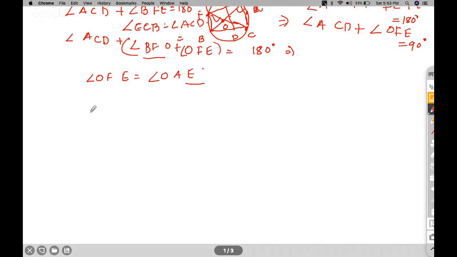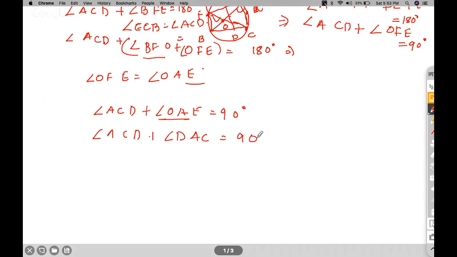So now I can write that angle ACD plus angle OAE is equal to 90 degrees, and this OAE is equal to DAC, because angle OAE is equal to angle DAC.